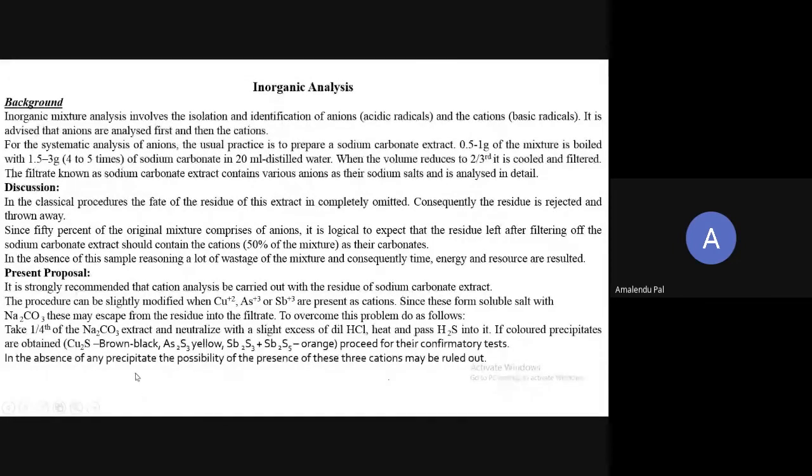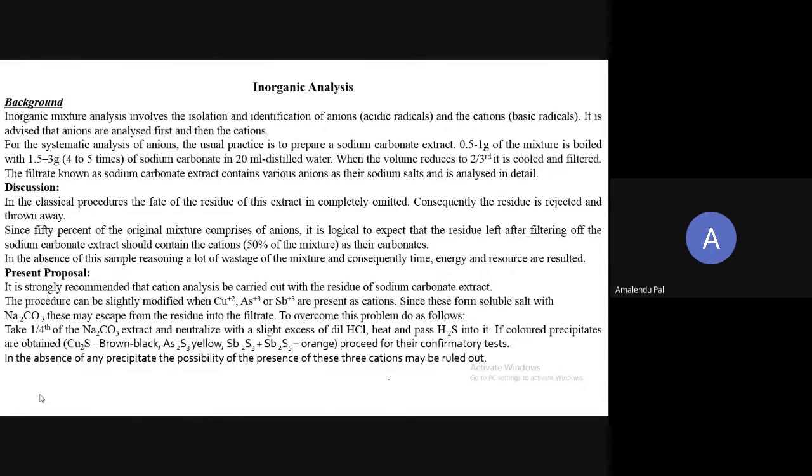So the present proposal is that for cation analysis, we take the residue from the sodium carbonate extract, and from the residue part copper, arsenic, antimony may be present.